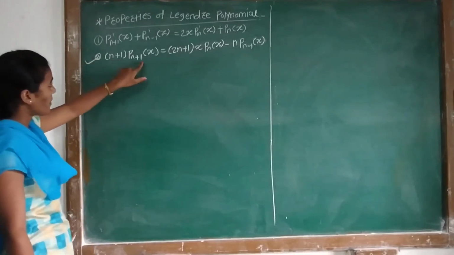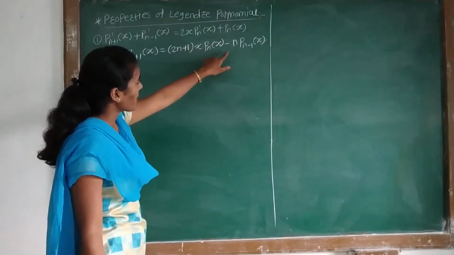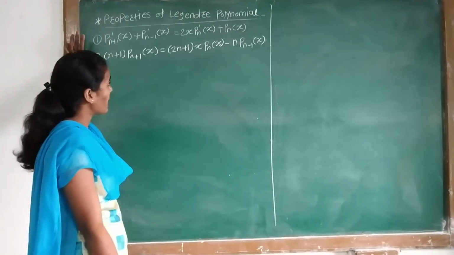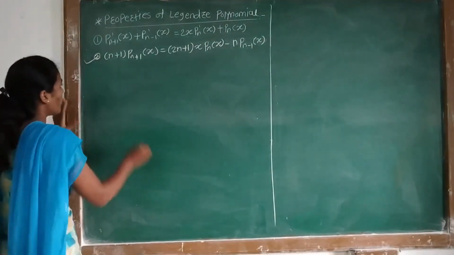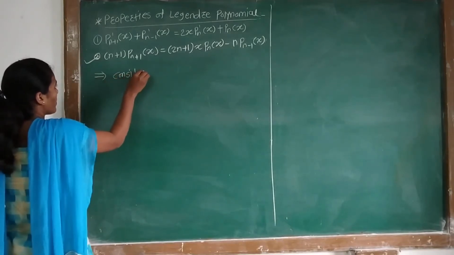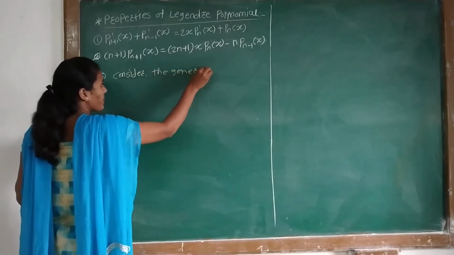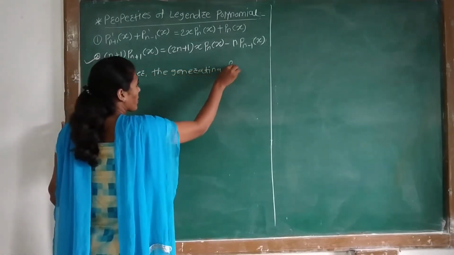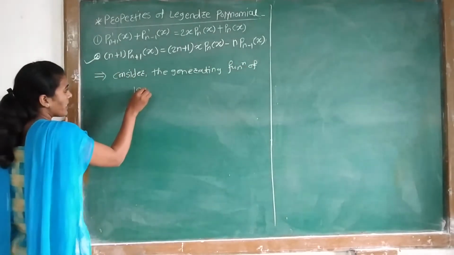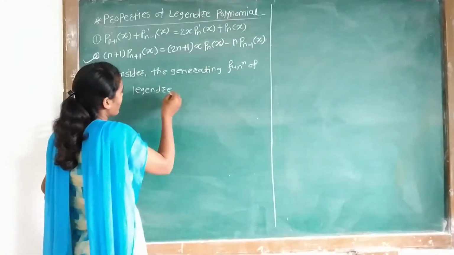First, I will solve this property: (n+1) P_{n+1}(x) = (2n+1) x P_n(x) - n P_{n-1}(x), on the basis of the generating function of Legendre polynomial. Now, consider the generating function of Legendre polynomial, which was already discussed in the last lecture.